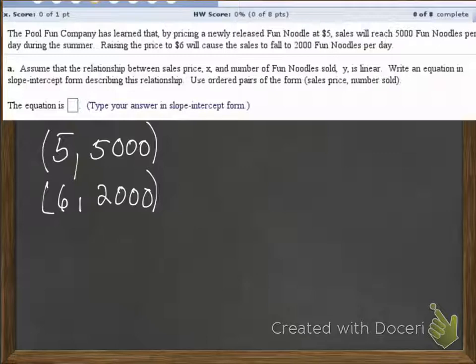So once we have our 2 points, we can forget that it's a word problem for a little bit. So we have 2 points. We want to find the equation of the line.